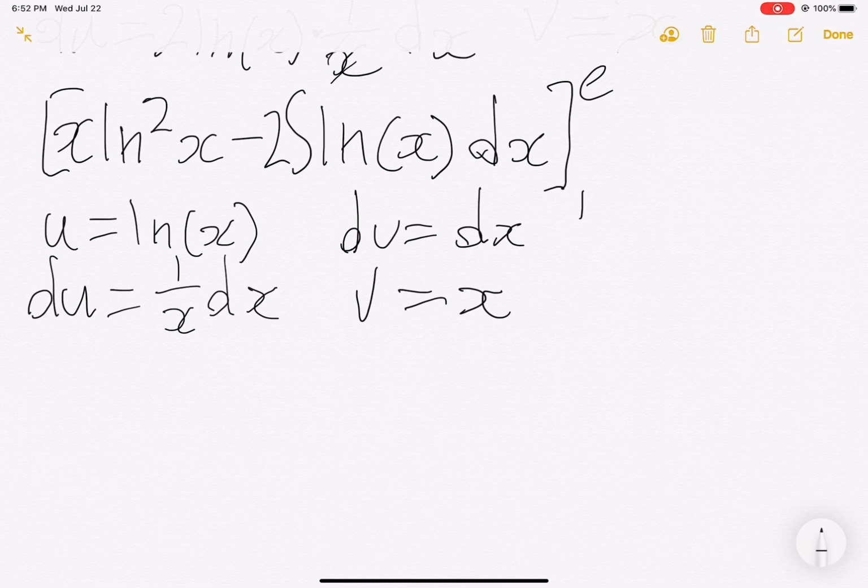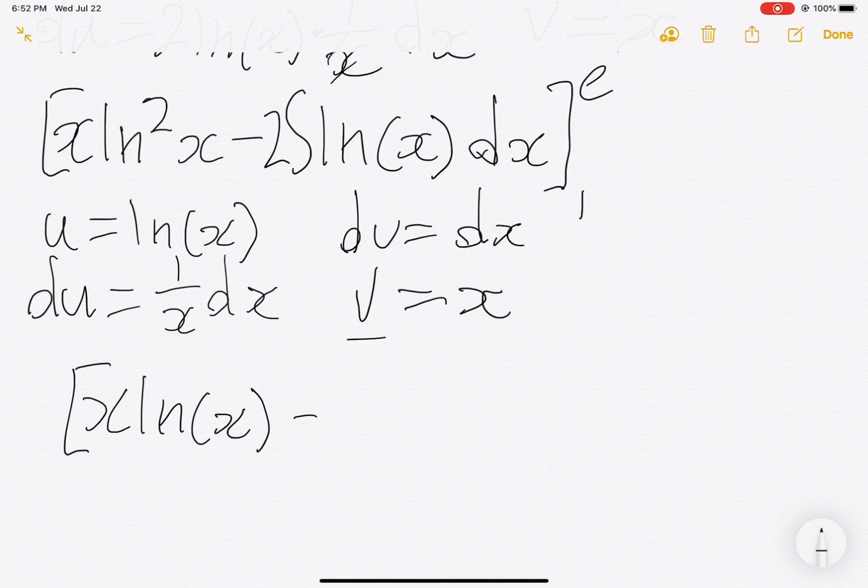And now we just plug this in, so we get uv, x times ln x, minus the integral of v du.